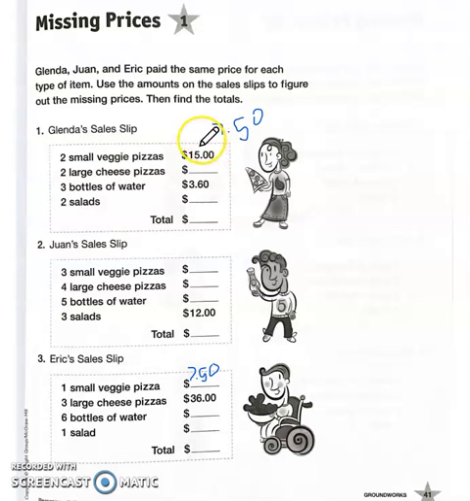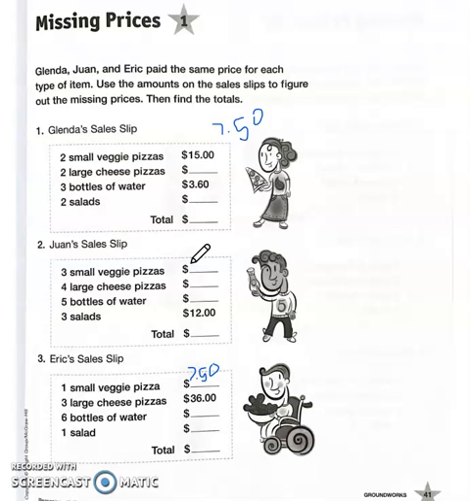Or you could use the information that we already have, because Glenda bought 2 and Eric bought 1. If you combine 2 and 1, that gives you 3, right? So if you combine these 2 prices, that'll give you the price for 3. It's kind of like adding the 3 together, but we just skip that first step of adding the first 2 because it tells us 2 of them together is $15. So if we add on that next one, $15 plus $7.50, how much would Juan spend on 3?